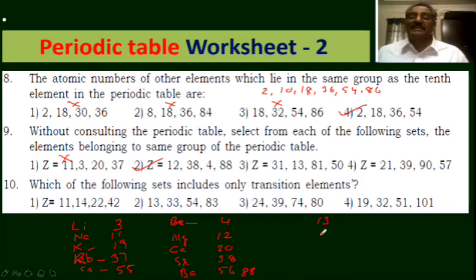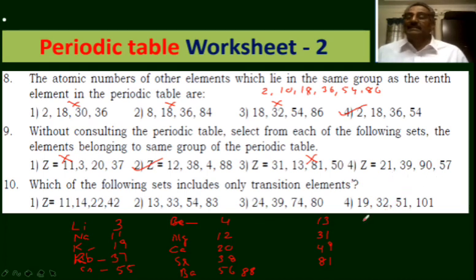Aluminium belongs to the third period, so we need to add 18. By adding 18, we get 31. By adding one more 18, we get 49. By adding 32, we get 50 plus 32, 82. So we get 81. So what are the values here? 13, 31, 81, 49. But 50 is here. So this is not right.